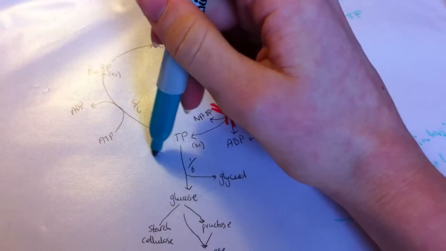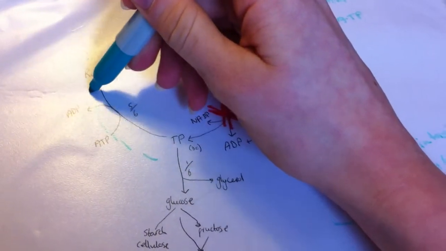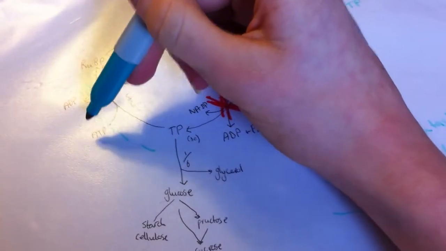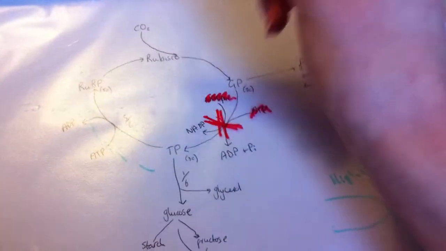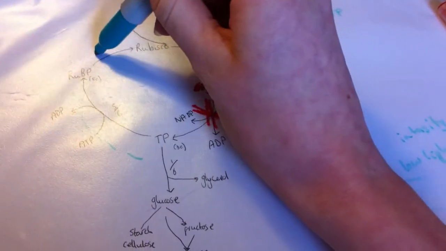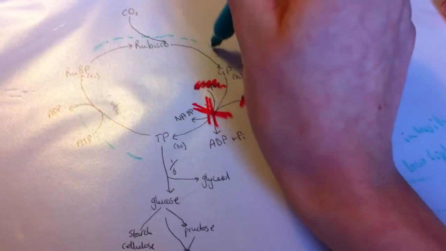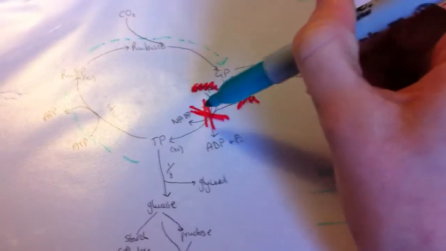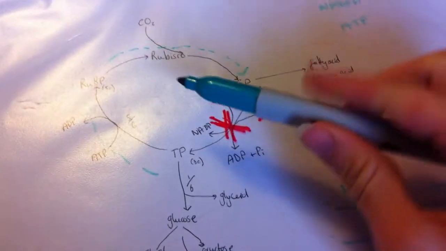The rest of this can still keep going, so TP will still be converted to RuBP because there'll still be some ATP from respiration lying around. And RuBP, there's still CO2, so RuBP will continue to be turned back into GP, but because this reaction can't occur, it basically stops here.